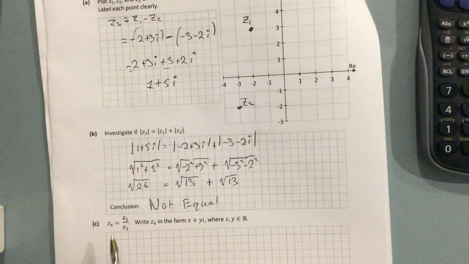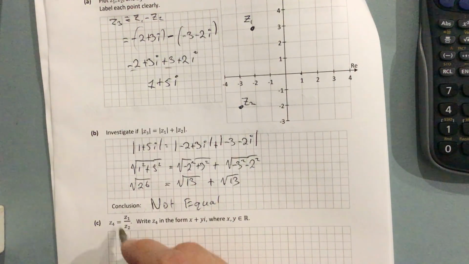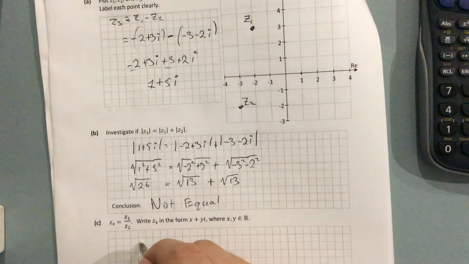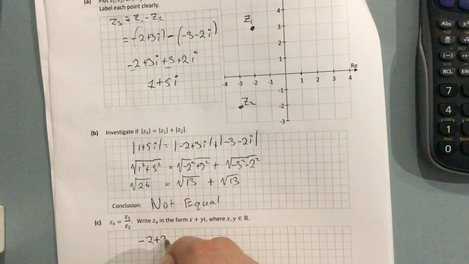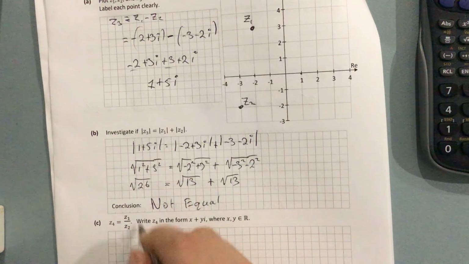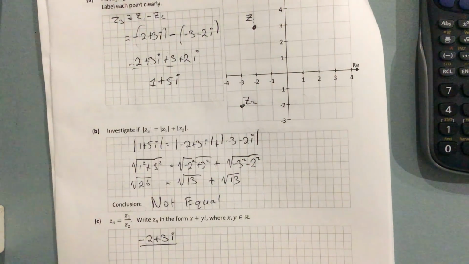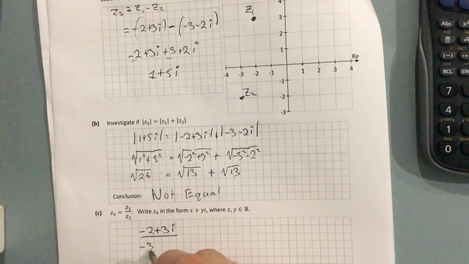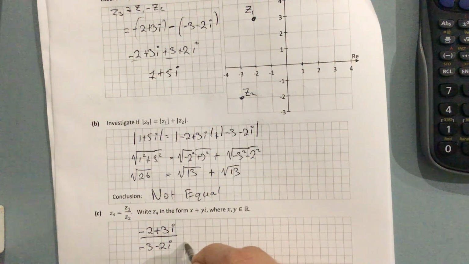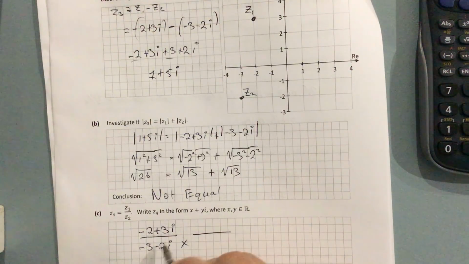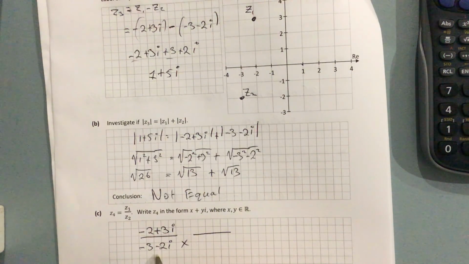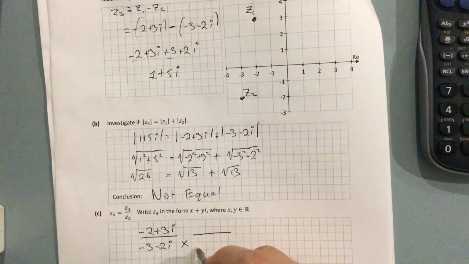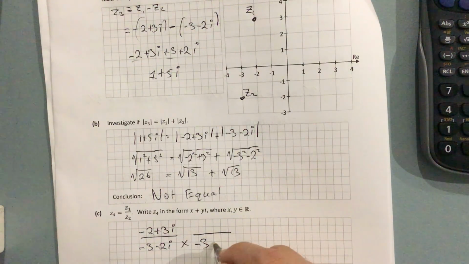Last part here then is, is Z4 equal to Z1 over Z2? Okay. So what I have to do here is Z4, so let's get Z1 first. It's -2 plus 3i over -3 minus 2i. So here you have to multiply by what's called the conjugate. The conjugate is the same thing as the bottom part of your fraction, which is -3, and you change the middle sign to plus 2i.